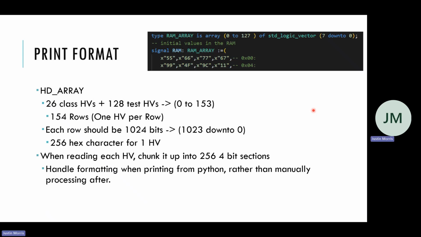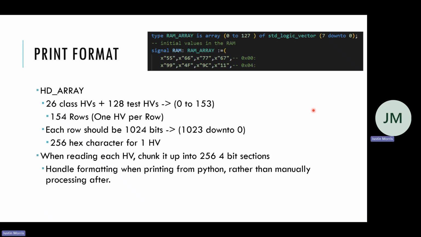If I have one cell for each hypervector in general, then I need 154 cells. It's just 26 plus 128. If you look at your example RAM file, it has 128 places that it can go to. 128 cells. So we need to change that to fit more.